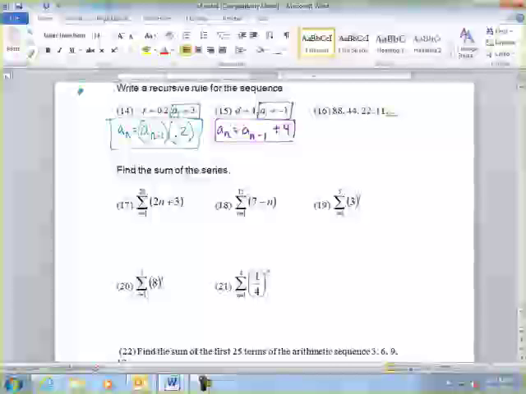Yeah, but how did you know that it was supposed to be a sub n minus 1? That was in the lesson from Friday, and that means previous term. That's just the notation that means previous term. And that's what a recursive rule does, it bases off the previous term and says, what do I do to that term? And in arithmetic, we keep on adding to the last answer.